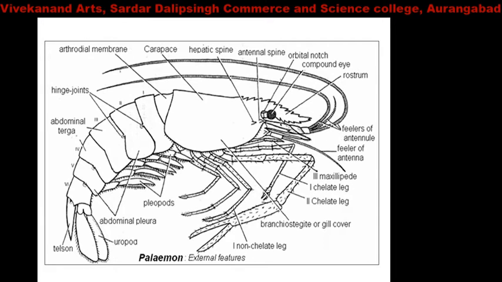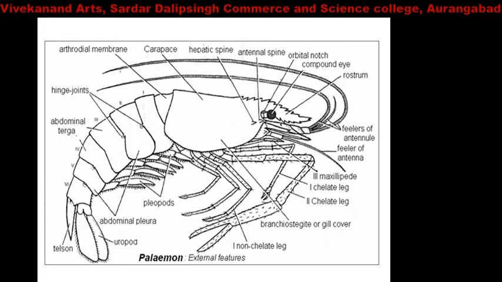Hello, good afternoon, students. In the last lecture, we discussed the general morphology of prawn, which is a member of the Arthropoda phylum. Prawn is scientifically known as Palaemon malcolmsoni, and this is the figure of prawn.